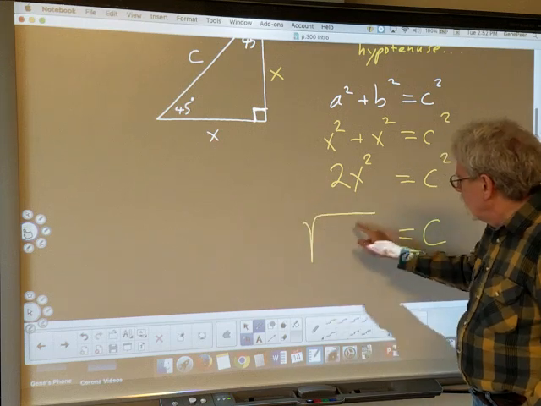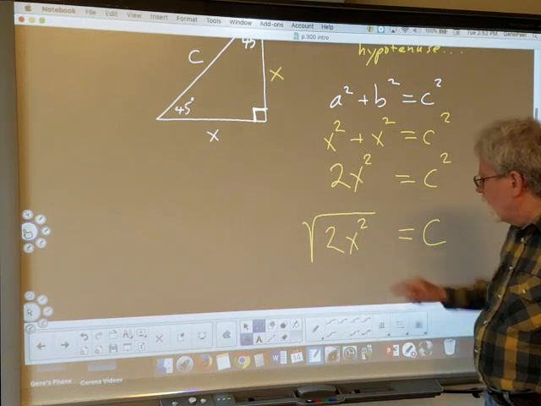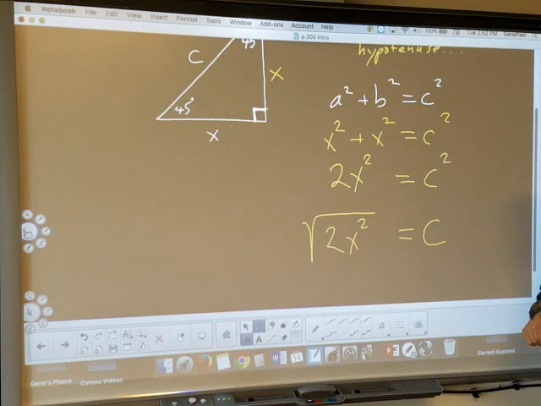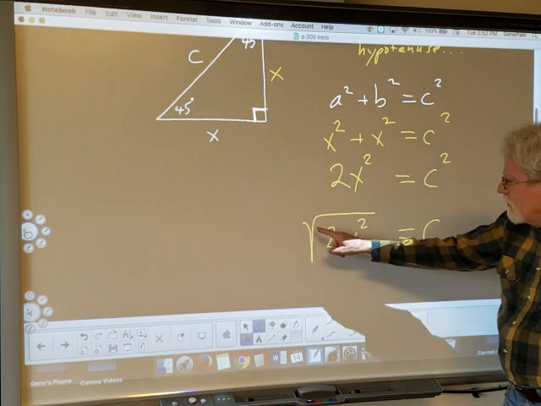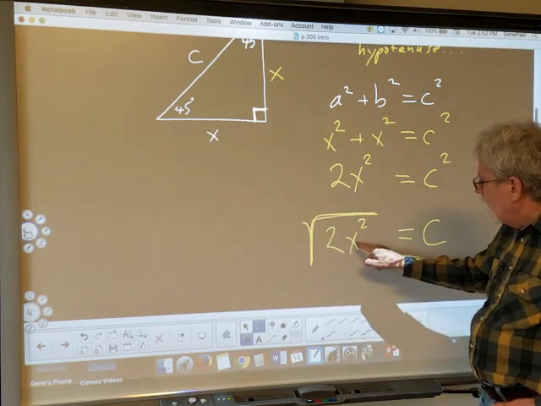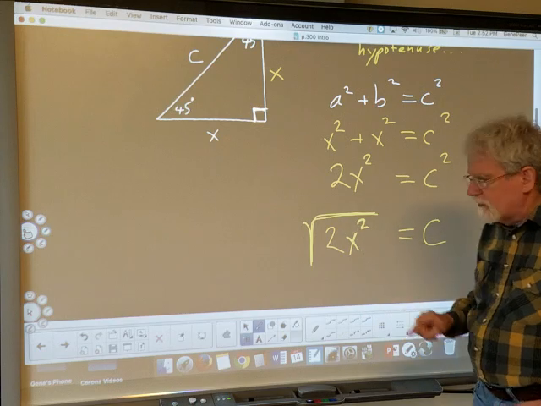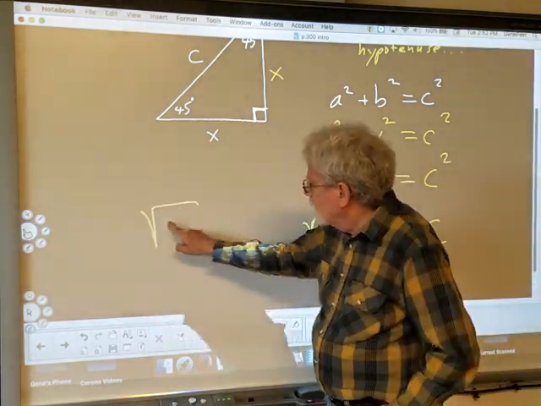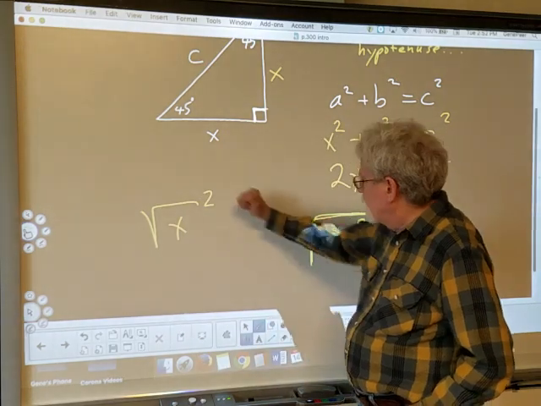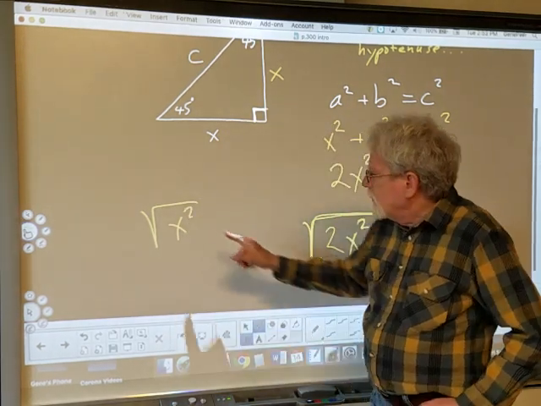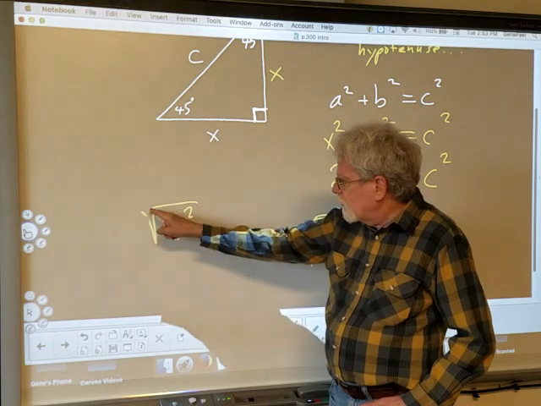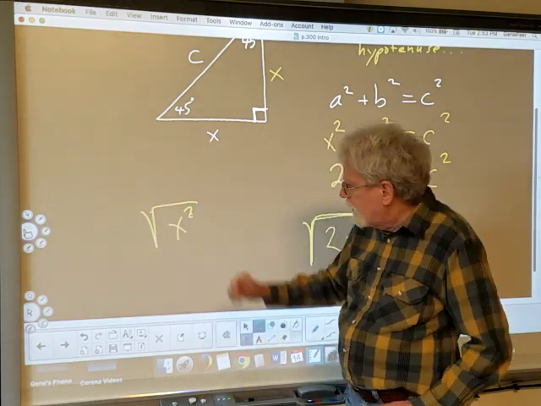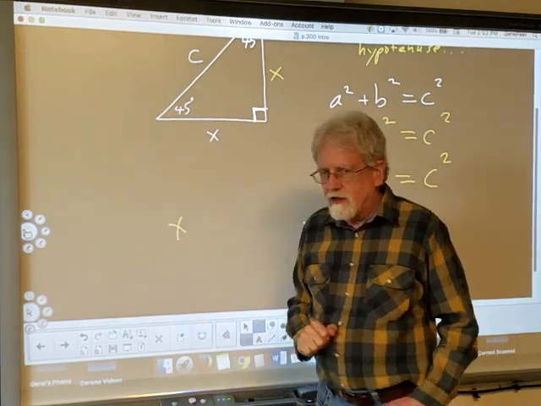We've got the square root of 2x squared. Well, guess what? I know the square root of x squared. The square root and the square undo each other, so it's equal to just plain x.